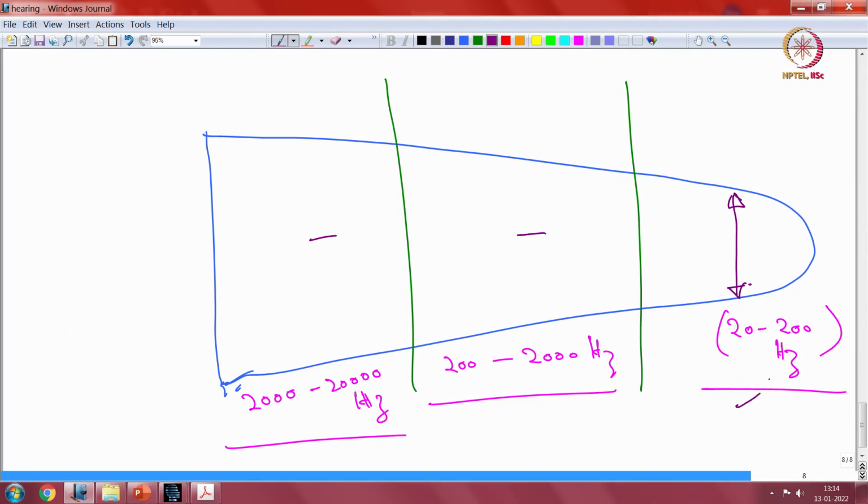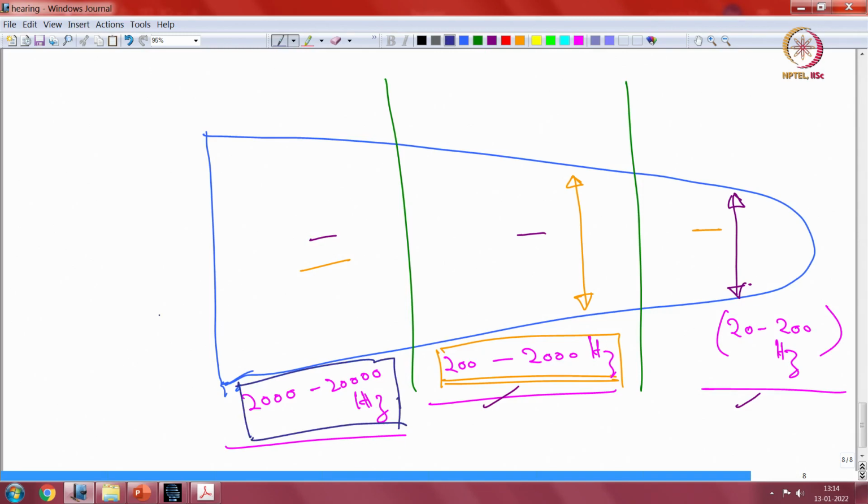When it is 200 to 2000 hertz, you have maximum displacement over here, minimum displacement elsewhere. And if you look at 2000 to 20,000 hertz, maximum displacement over here, no displacement in the rest.